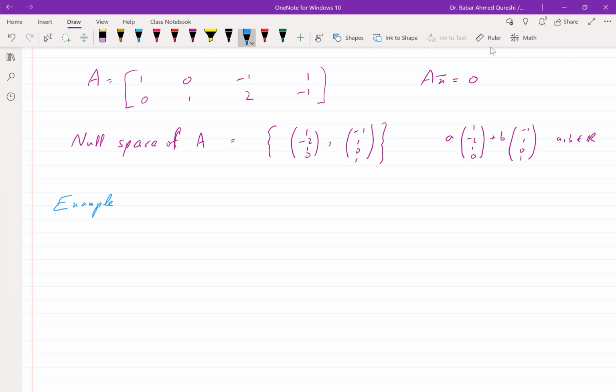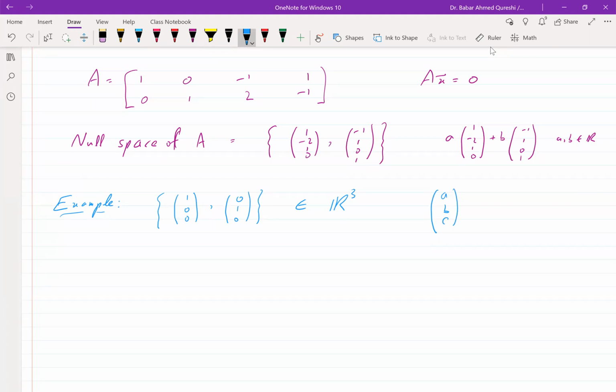So I guess this example we considered last time as well, but let's just look at it again. So I pick two vectors from R3, from the vector space of column vectors of this form.